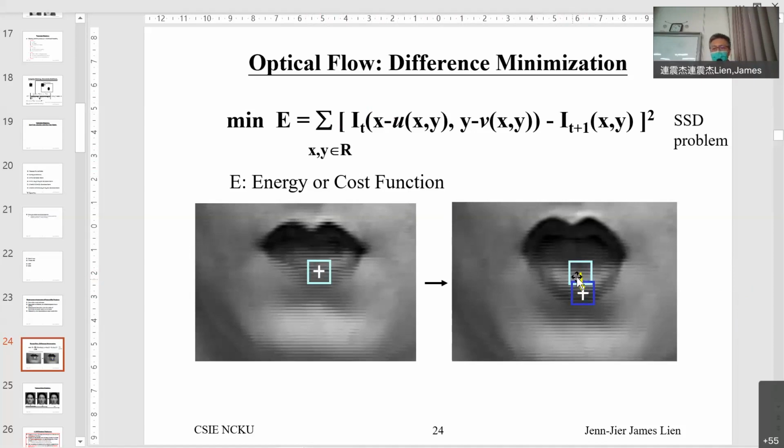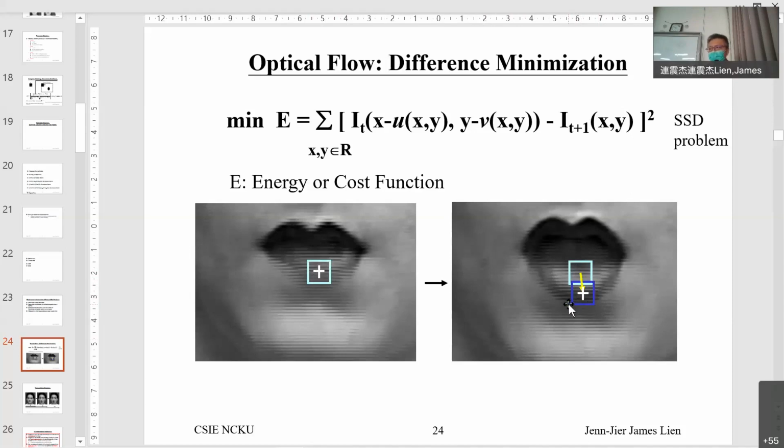This we call optical flow. So how can you find this point in the second frame, at t and t plus 1?